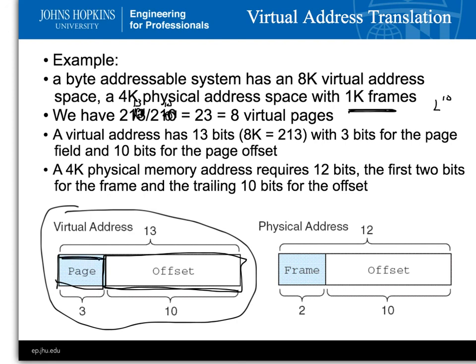We get the page number, we go to the page frame table, then the physical address, because there's 4K of physical addresses, the frame number is going to be 2 bits. The virtual address has 13 bits because 8K is 2 to the 13th. The physical address has 12 bits, and each of them has 10 bits for the offset because the frame size is 2 to the 10th bytes.